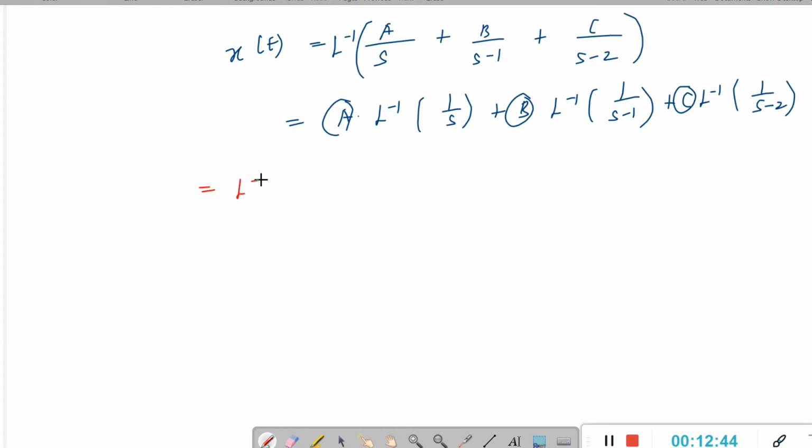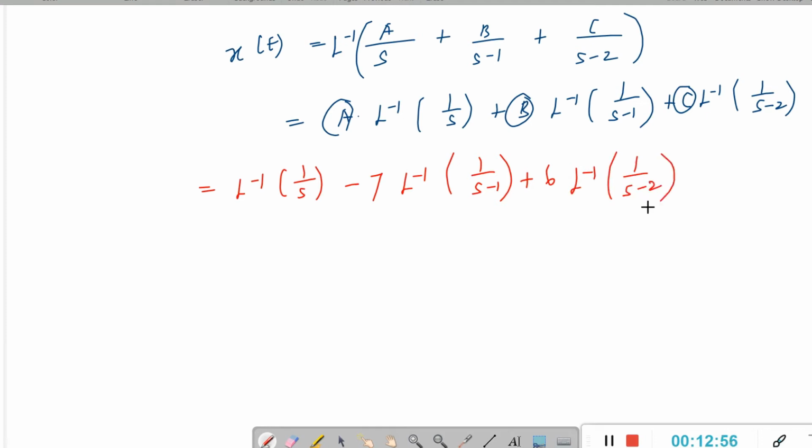So L inverse of 1 by s minus 7 into L inverse of 1 by s minus 1 plus 6 into L inverse of 1 by s minus 2. By using this formula, we know that L inverse of 1 by s minus a equal to e power at, and L inverse of 1 by s equal to 1.